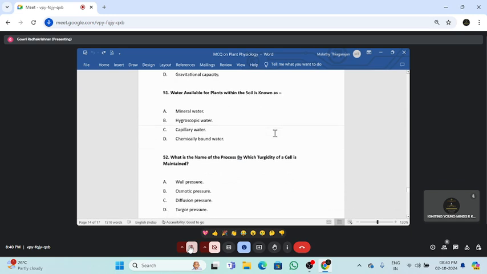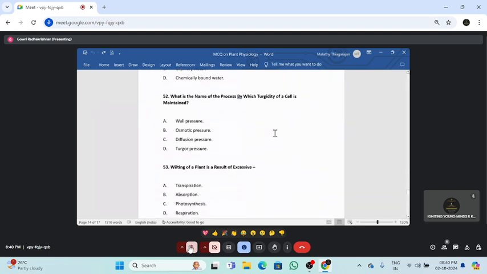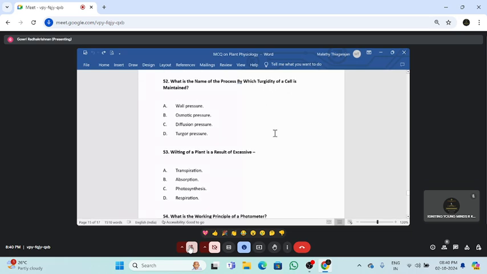Water available for plants within the soil is known as option C, capillary water. What is the name of the process by which turgidity of a cell is maintained?